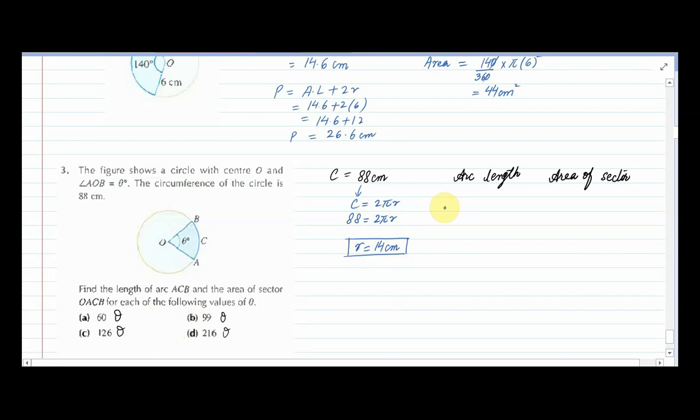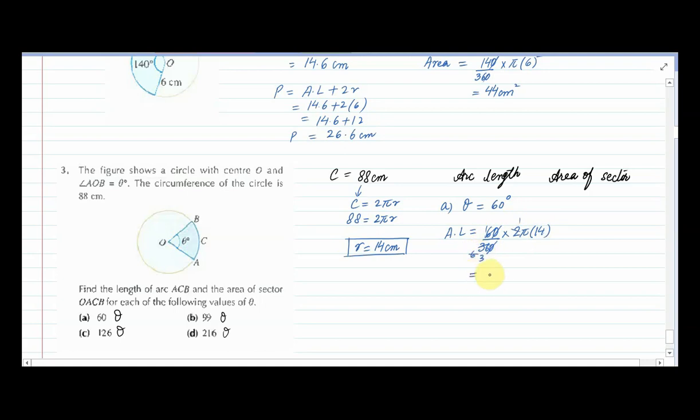For first part, when angle is 60 degree, so arc length, angle divided by 360 multiplied by 2 pi, radius is 14. The zeros cancel, 6 times 1, 6 times 6, 2 times 1, 2 times 3.